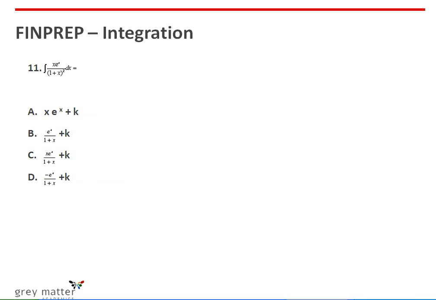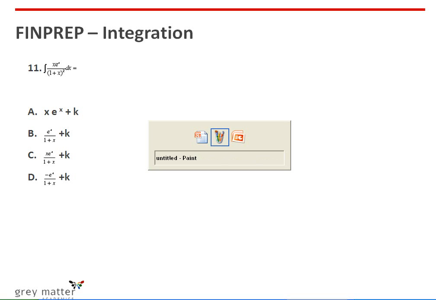11th question, integral x e power x by 1 plus x whole squared dx. I repeat, question 11, integral x e power x by 1 plus x whole squared dx. We go to our worksheet.